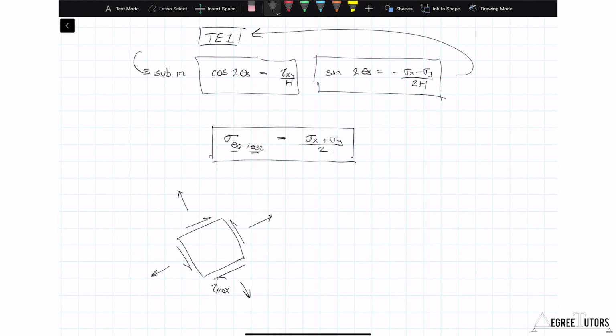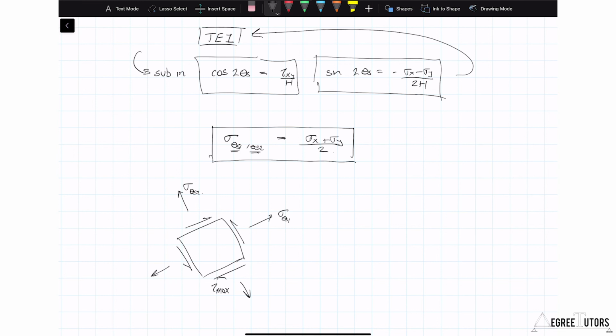Let's call that sigma theta S1 and this sigma theta S2, and all that is, it's as simple as this, is the average value of the normal stress on two mutually perpendicular planes.